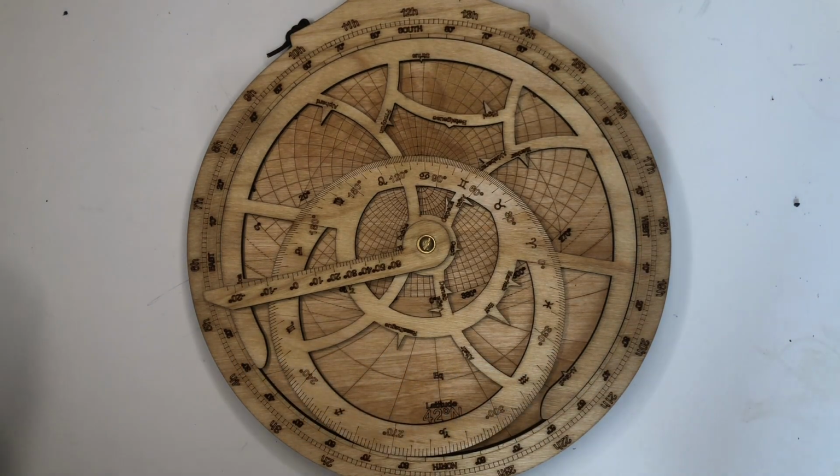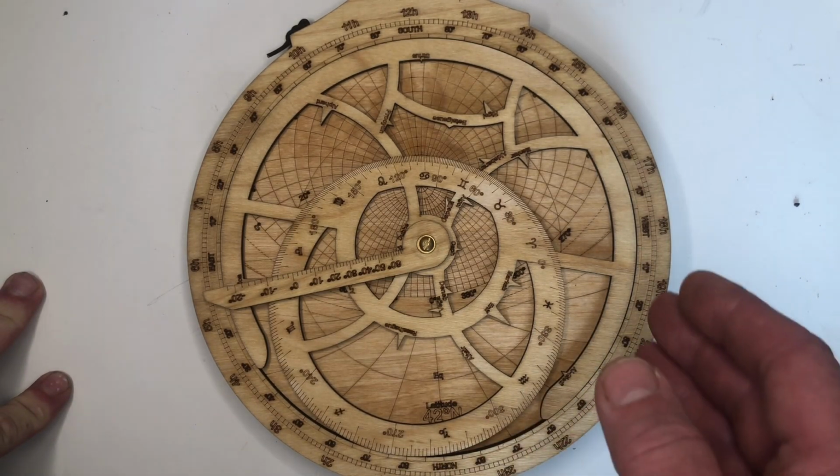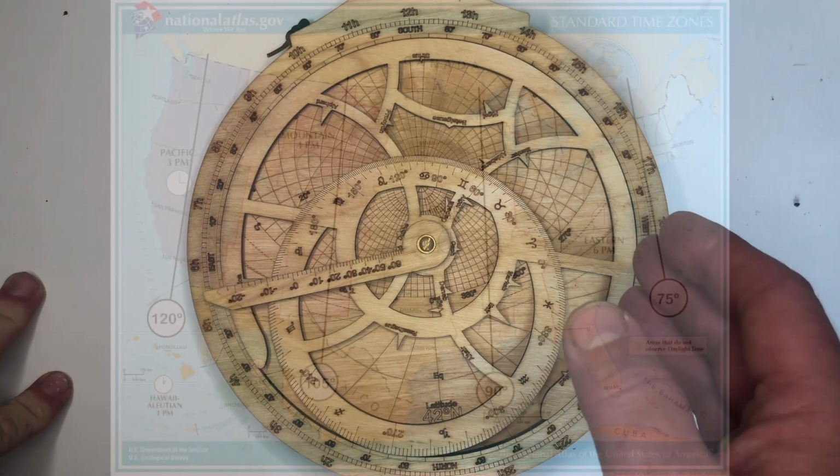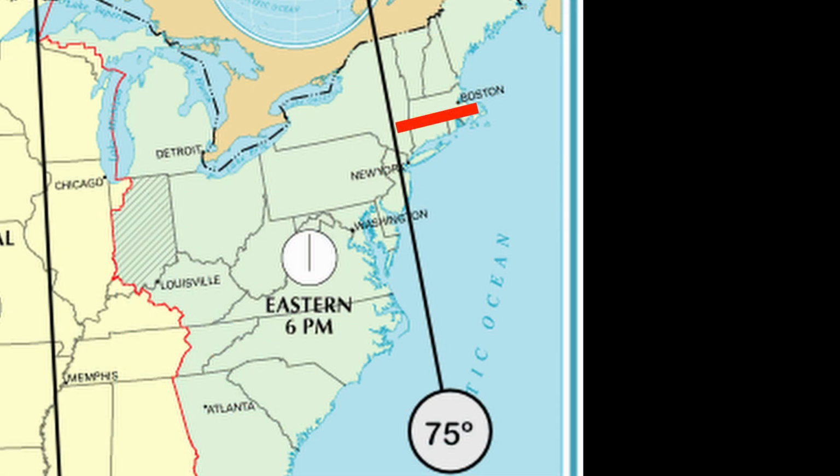Well, the other thing is where we are in the meridians. We're on the East Coast. The meridian for the East Coast time zone is 75 degrees longitude, and we're at 70, so we're about 5 degrees to the right of it.